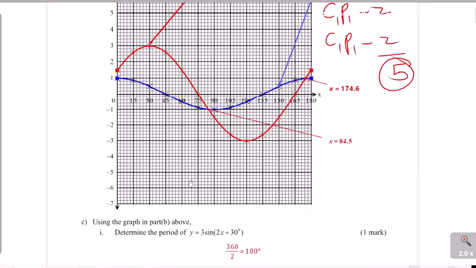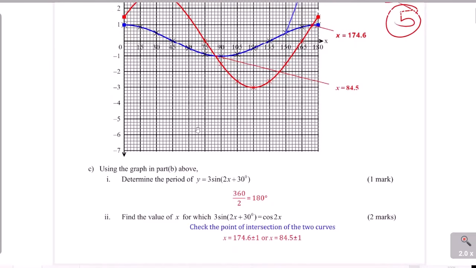We proceed to the other question, that is part C. Using the graph in part B above, 1, determine the period of y equals 3 sine (2x plus 30). How do you get the period? The period will be given by 360 divided by 2.